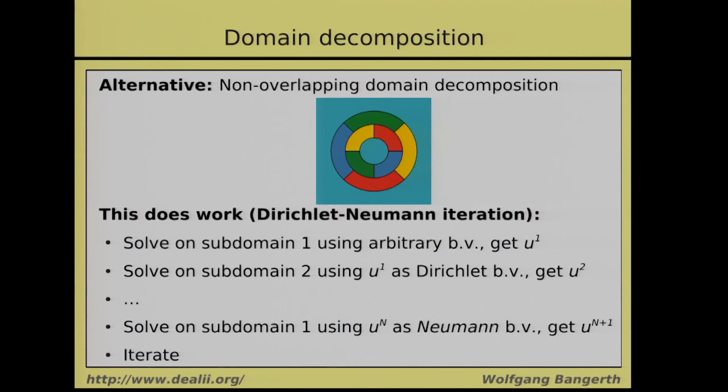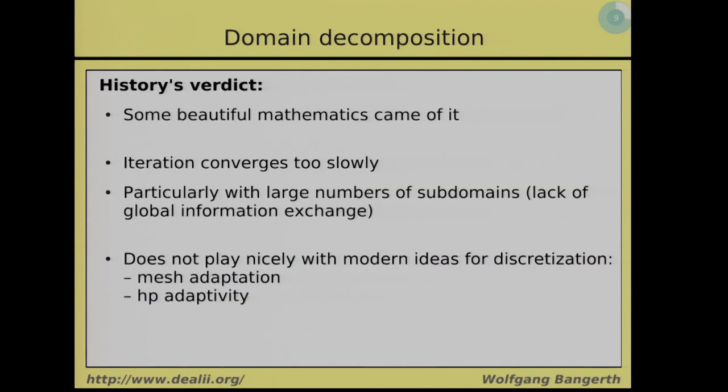So we can parallelize this. Every time you solve something, you just use the most recent boundary values you get from the other processors. So that's the way we would parallelize it. But like I say, if you have a large number of subdomains, the overall number of iterations you need is just too large. It does not work very well.